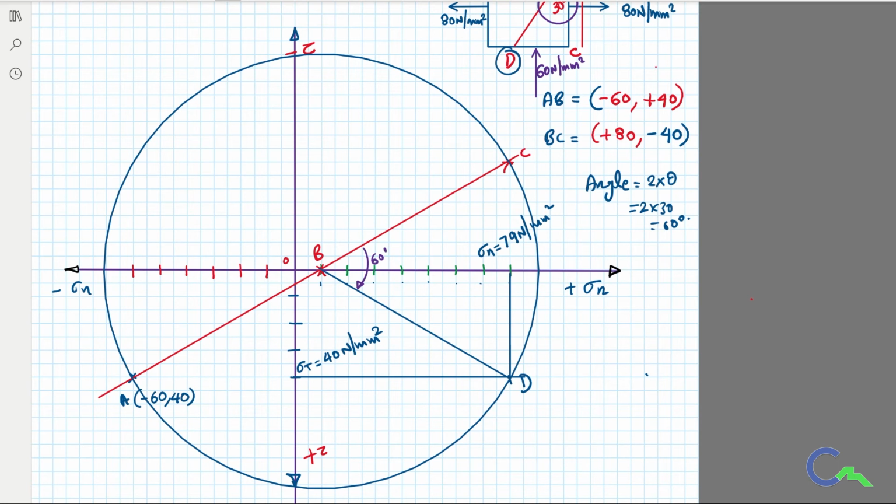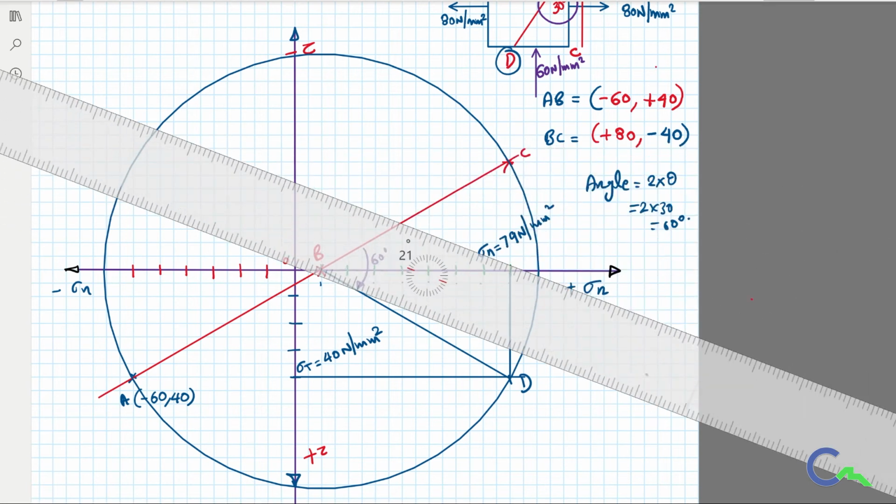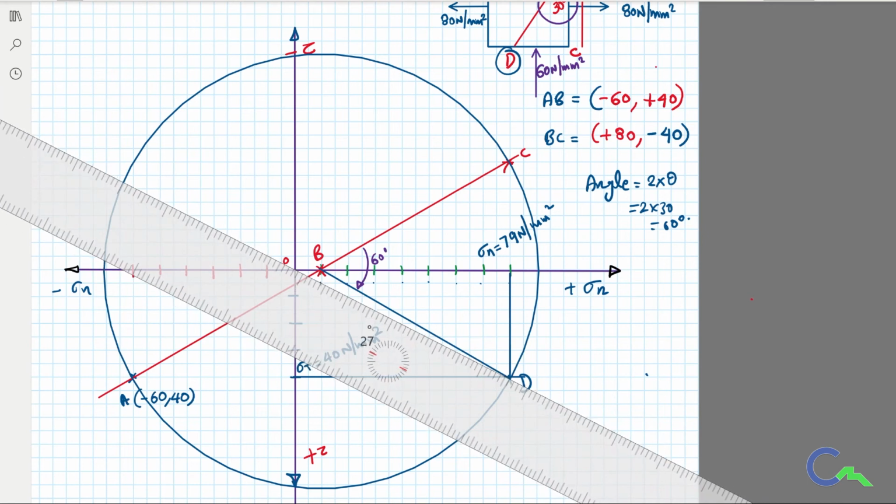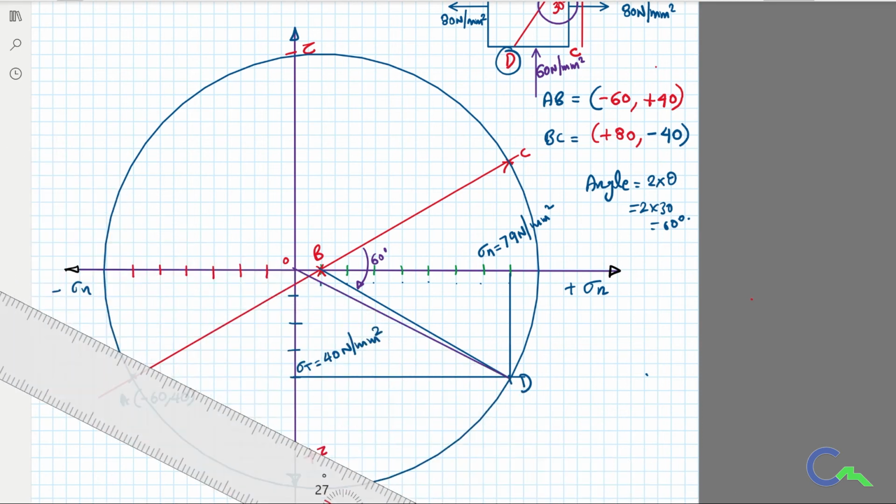If I want the resultant, I have to draw one line from the origin to point D. This will give the resultant of those two values.